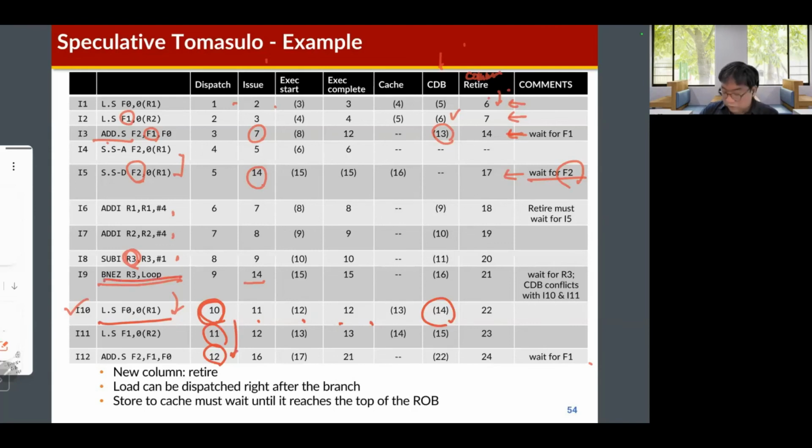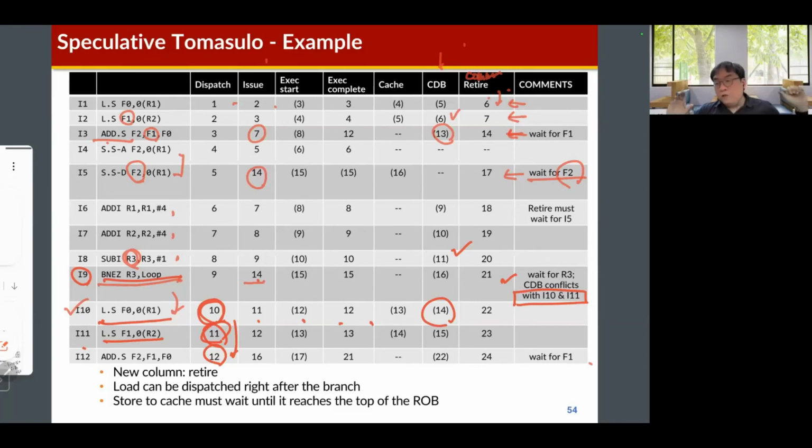You need to be cautious of some conflict in the CDB. For I9, when it is issued, just after R3 is delivered via the common data bus, the common data bus will be completed with this LS. Also, in the next cycle, the common data bus will be completed with I11. So you also need to check the conflict of the common data bus.